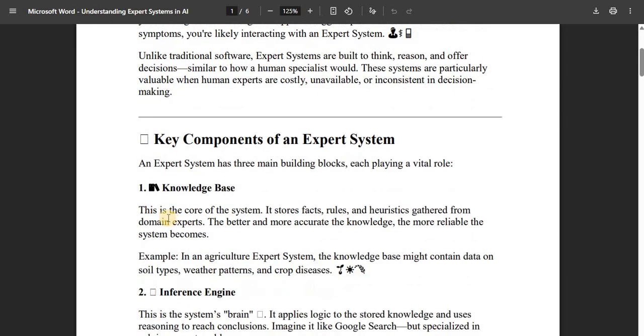Correct? So what are the components of expert system? The first component is knowledge base. When you talk to a doctor, the doctor has a huge knowledge base of medicines and diseases.